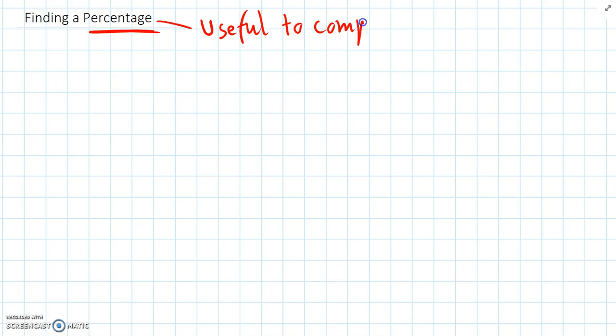Useful to compare amounts. Because a percentage is always out of 100. So if you can convert something to a percent, you can compare it to something else that's a percent and make a fair comparison.